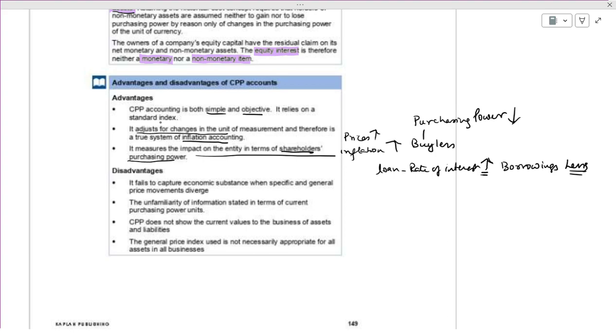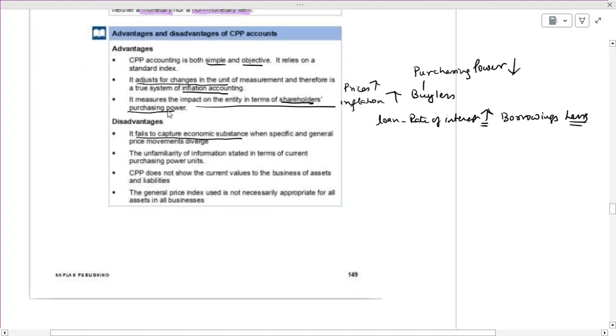What are the disadvantages? It fails to capture economic substance. We are talking about general prices, not specific prices. There is unfamiliarity with the information. We know, we are studying this, but very few people in the public know. It does not show the current values of the business assets, as business assets are based on historical cost all the time.